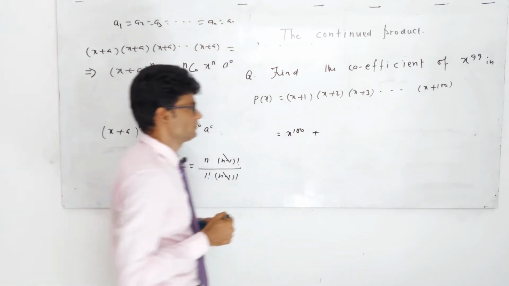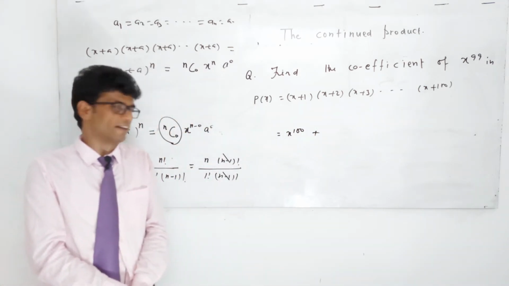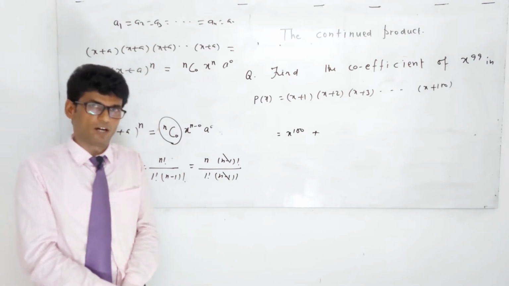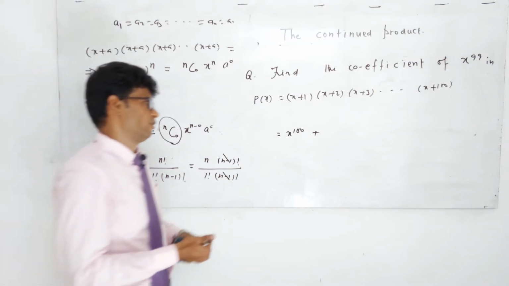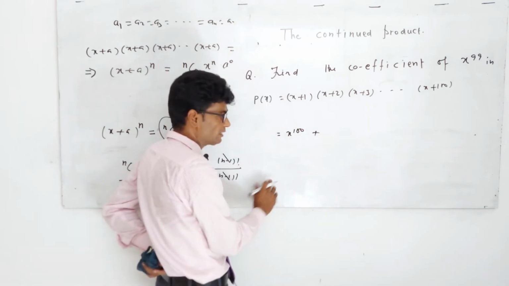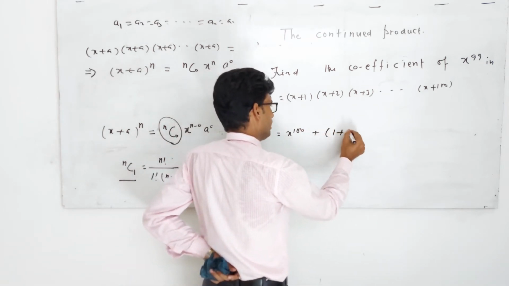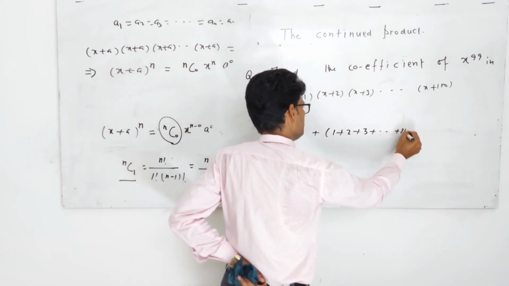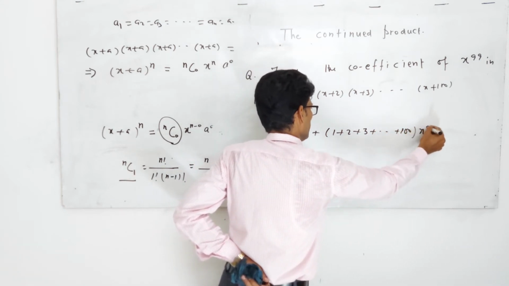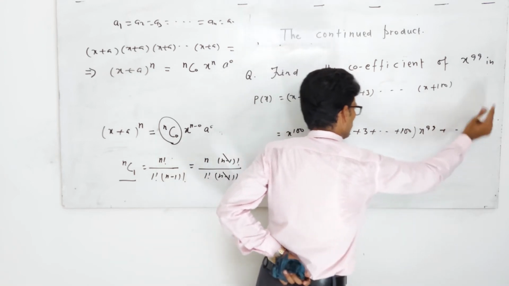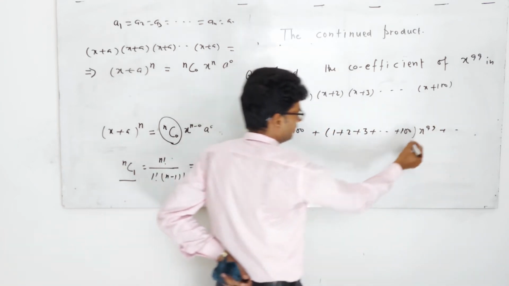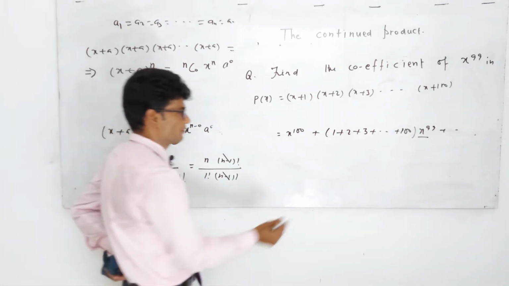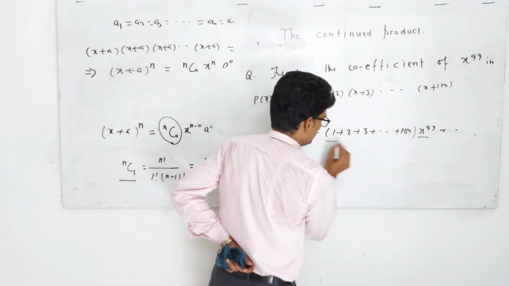Now x from 99 factors and the number from the remaining one. So what are we going to get? Obviously, as per continued product, it comes out to be 1 plus 2 plus 3 dot dot plus 100, x to the power of 99, and so on and so forth. But we are interested here in the coefficient of x to the power of 99. Here the coefficient of x to the power of 99 is this one.